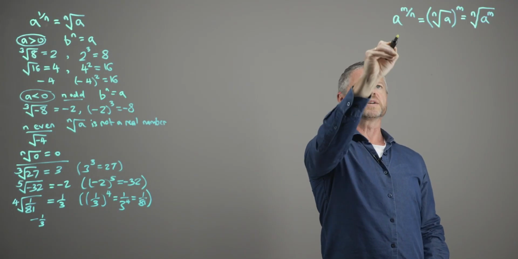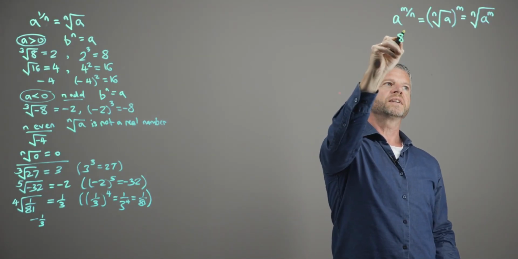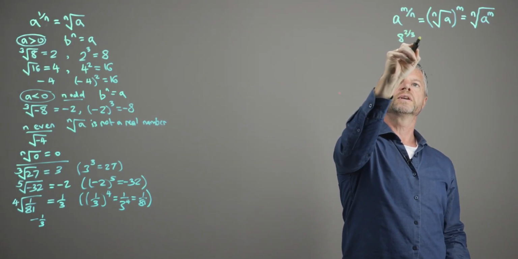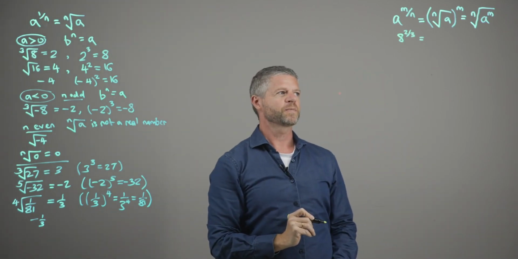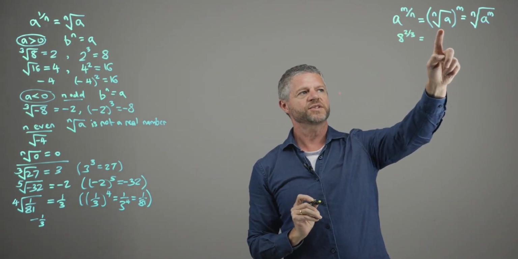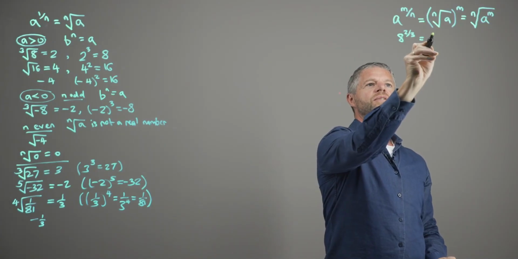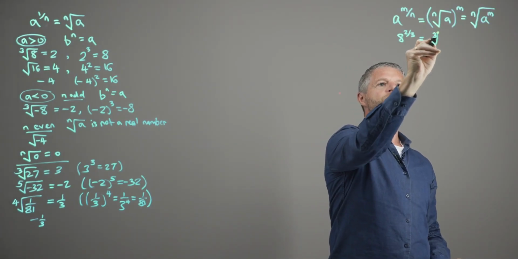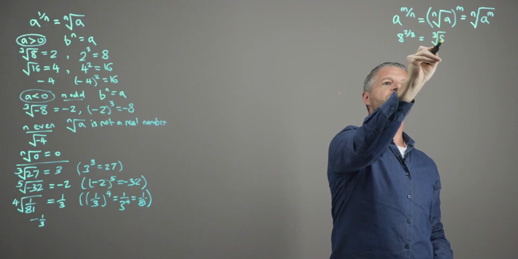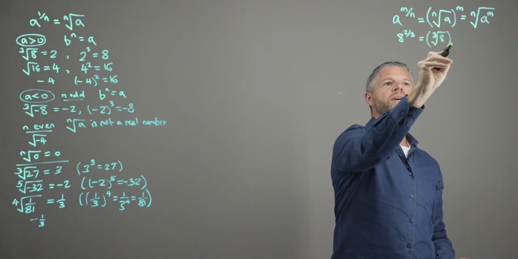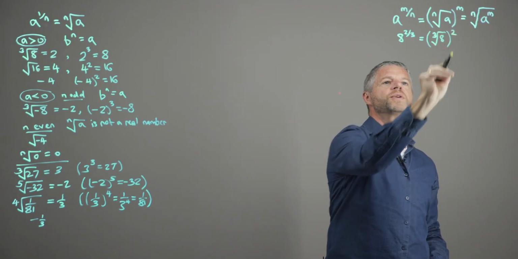Let's do an easy example first. Let's do 8 to the 2 over 3. So let's think about this form first. We're going to have the third principal root of 8, and then we're going to raise that to the power 2.